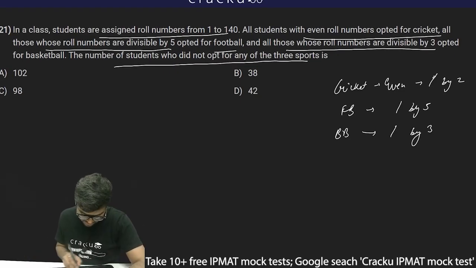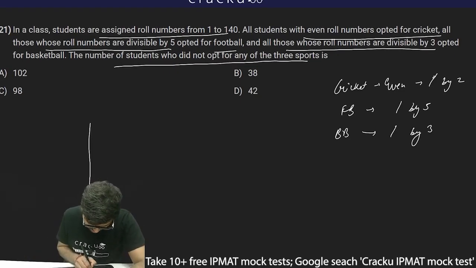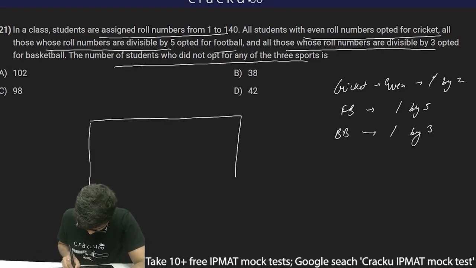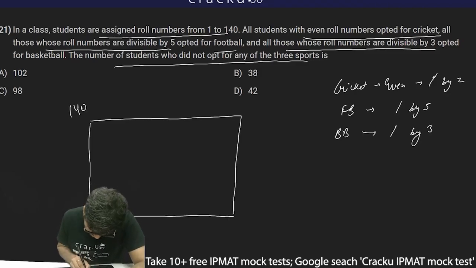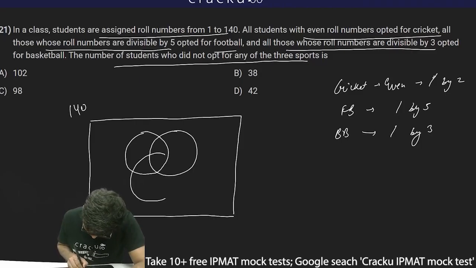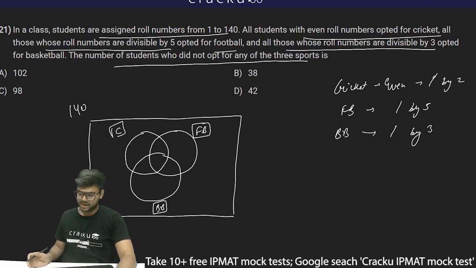What we can do is create a Venn diagram for this. This is the entire 140 students. Let's say this is cricket, this is football, and this is basketball.